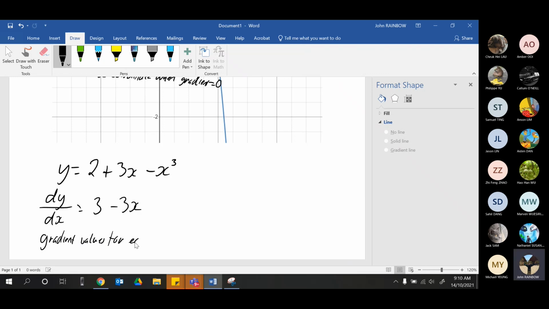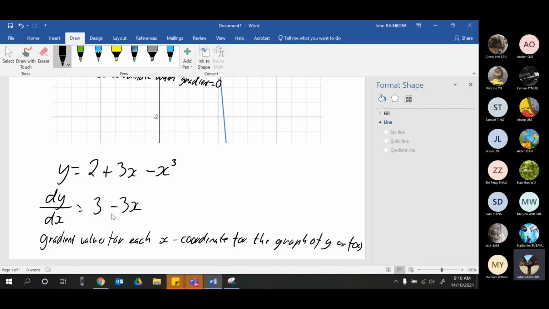For each x-coordinate, it gives the gradient values for the graph of y, or could be f(x) if it's written like that. So it's showing me the gradient values when we differentiate for each x-coordinate for the graph of this.